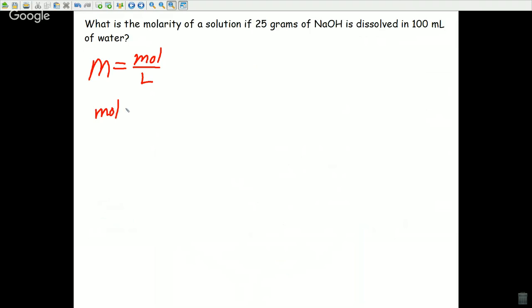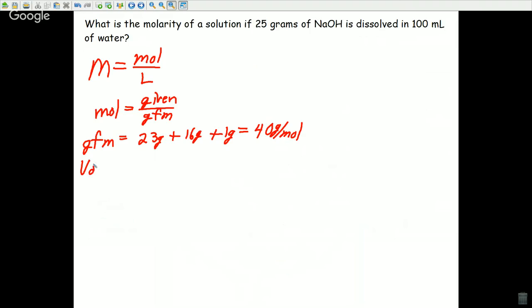So you use the mole calculation, which is the given mass over the gram formula mass. And the gram formula mass of sodium hydroxide is 23 grams for sodium, 16 grams for oxygen, and 1 gram for hydrogen, which gives me a total mass of 40 grams per mole.